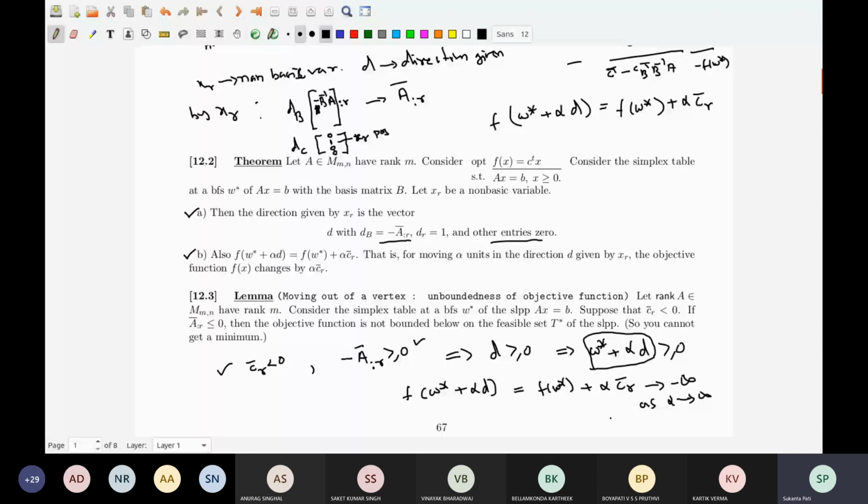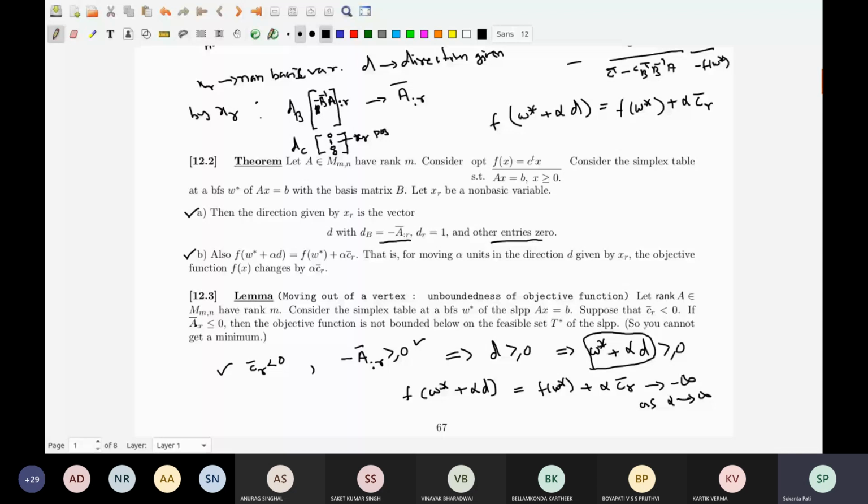So there are two conditions now. If the relative cost vector is greater than or equal to 0, you conclude that you are at a minimum. Now suppose the relative cost vector has a negative entry, say C bar R less than 0. Then look at the corresponding rth column of the simplex table. If that is less than or equal to 0, then conclude that a minimum cannot be attained.